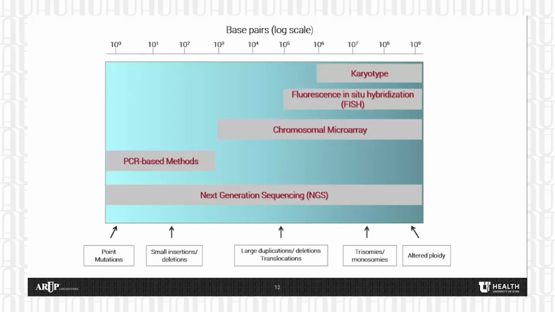However, it must be noted that NGS is a methodology and not a single assay. And clinical laboratories have different assays designed using this methodology for detection of different aberrations. And not all assays using NGS methodology can detect the whole range of these abnormalities.